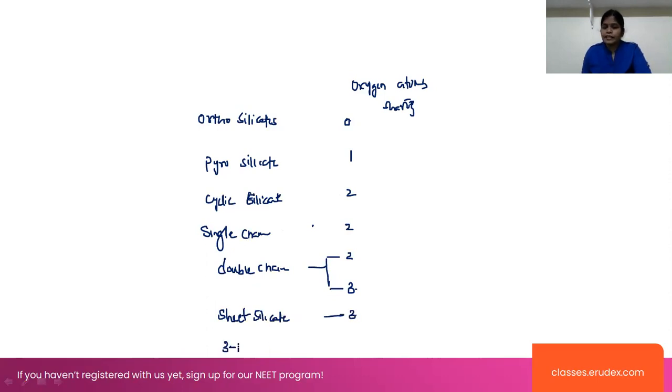Coming to the 3D silicates, total 4 oxygen atoms are sharing here. And I already told you that in the case of orthosilicates, the formula is SiO4 4 minus here. In the case of pyrosilicates, Si2O7 6 minus. So in the same sense, you will write the formulas also. Okay. So these are important from the examination point of view here.